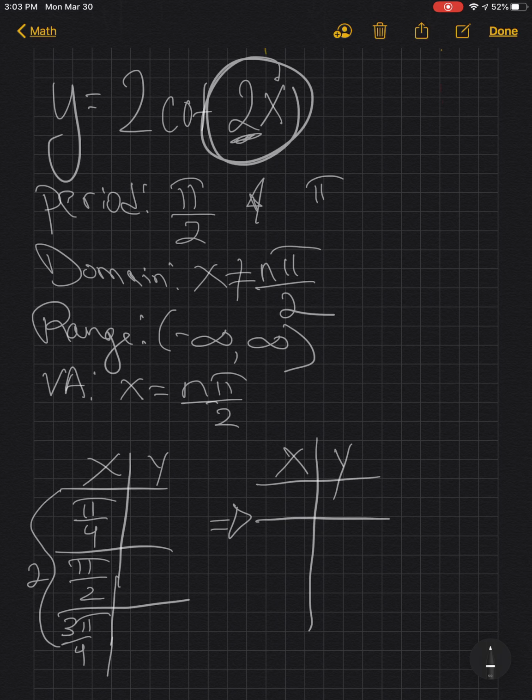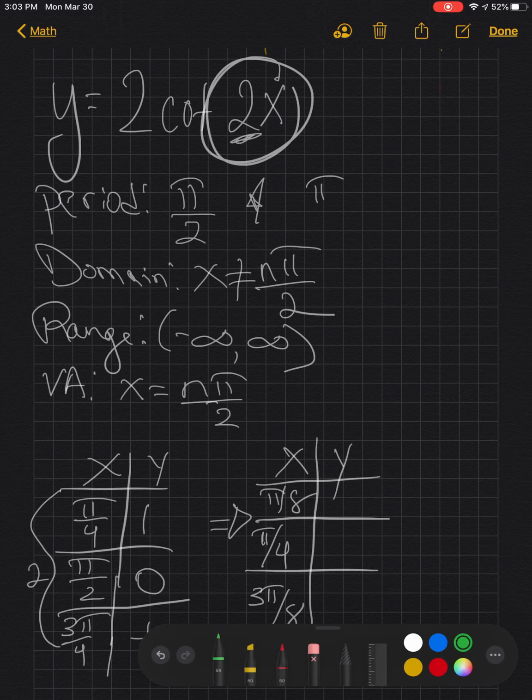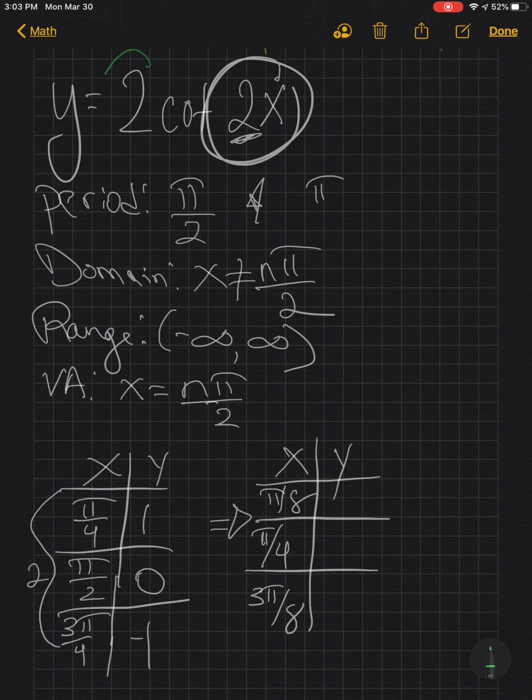All right, so our new x values are going to be pi over 8, pi over 4, and 3 pi over 8. Okay? All right, now, again, talking about the parent, we know that at pi over 4, that's 1, pi over 2, that's 0, and 3 pi over 4, that's negative 1. But now we have to look at the number in front. The number in front of the whole equation, and let me use a different color so we don't get confused.